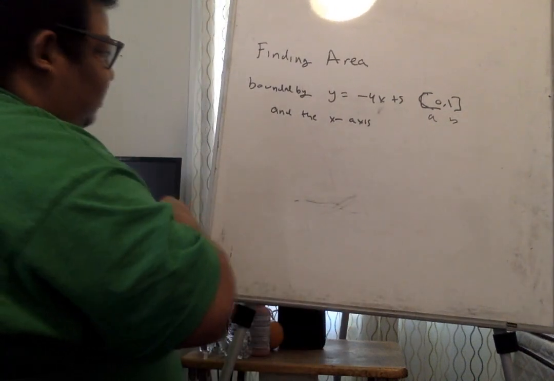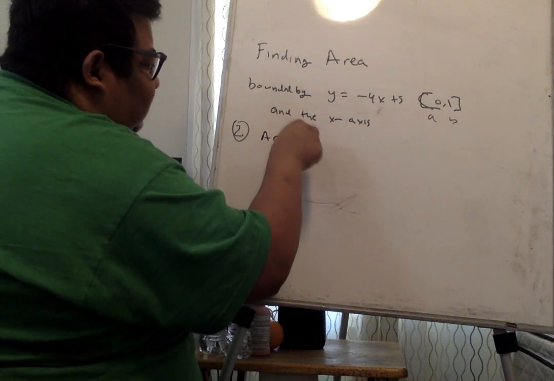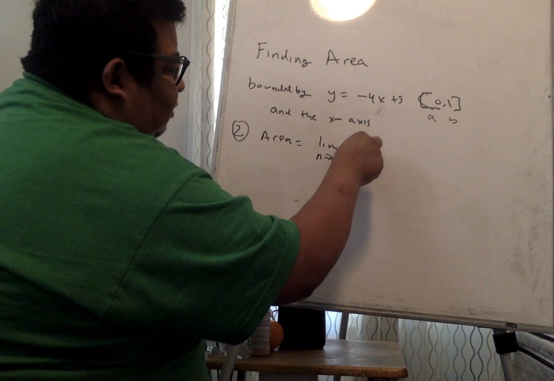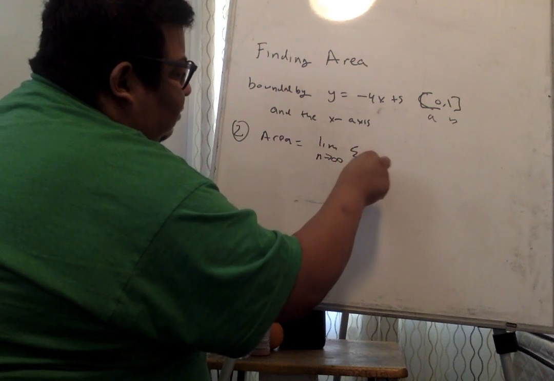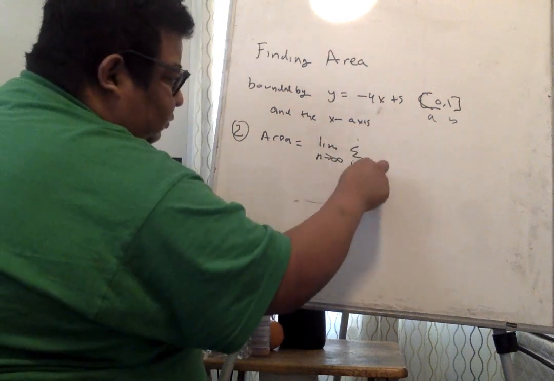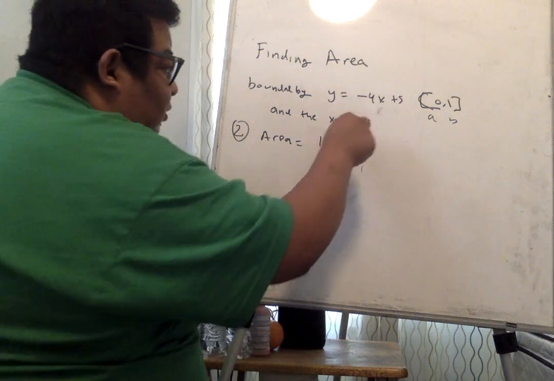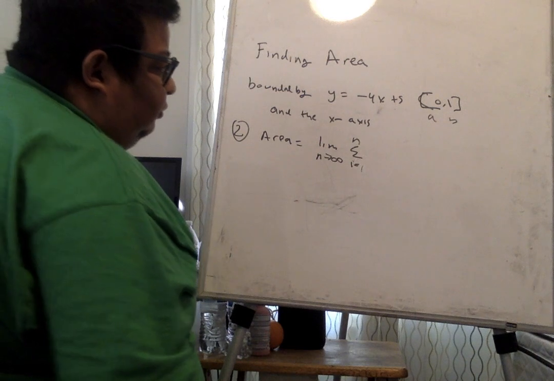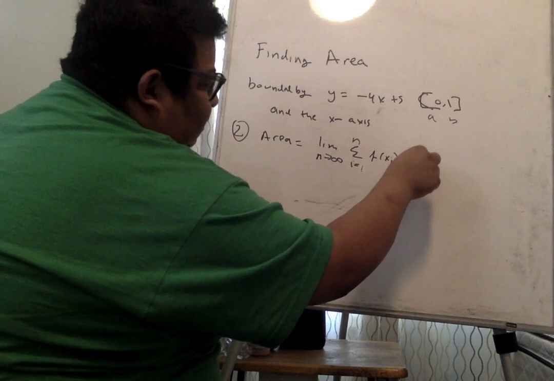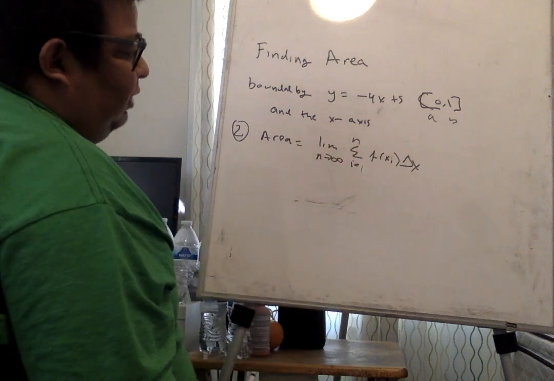The second step is to actually compute the area. So the area is going to equal the limit as n approaches infinity of the sum from i equals 1 all the way to n of f of xi times delta x, where xi is the same thing as your ci that we found before.